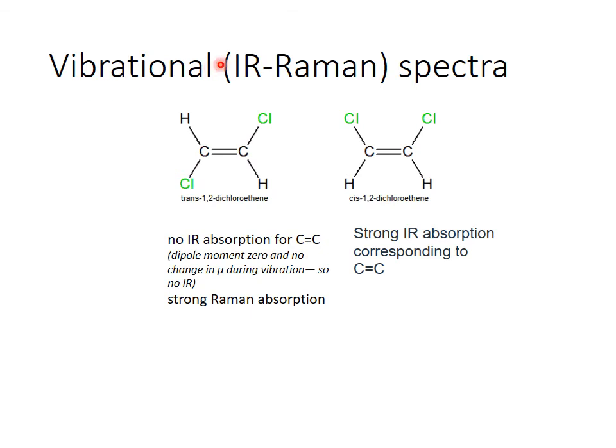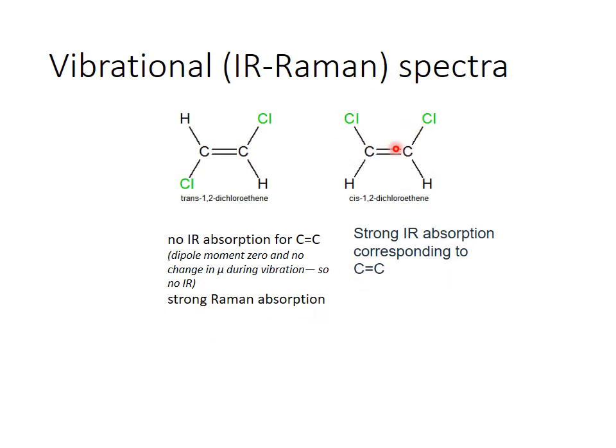Vibrational spectra, IR or Raman, can be used for saying whether the molecule has a cis or trans geometry. In the case of the trans molecule, the carbon-carbon symmetrical stretching would have zero dipole moment change, so it won't be observed in IR spectra, but it will be observed in Raman spectra.